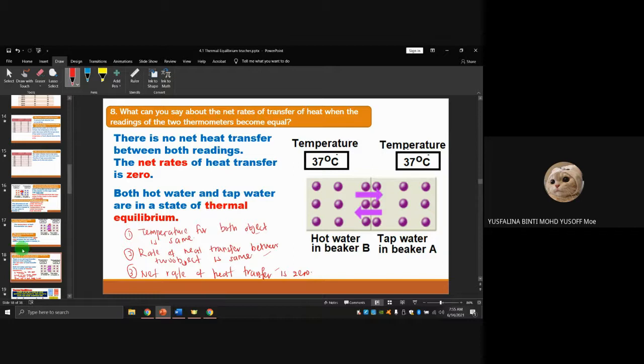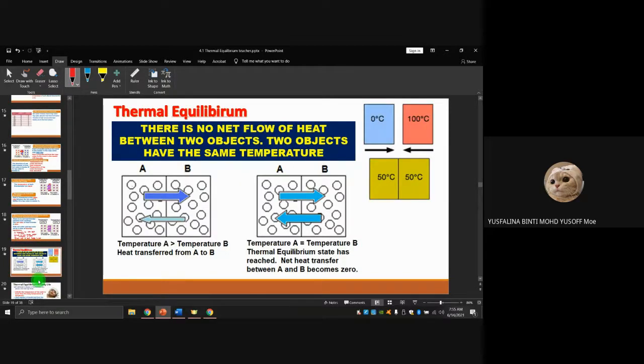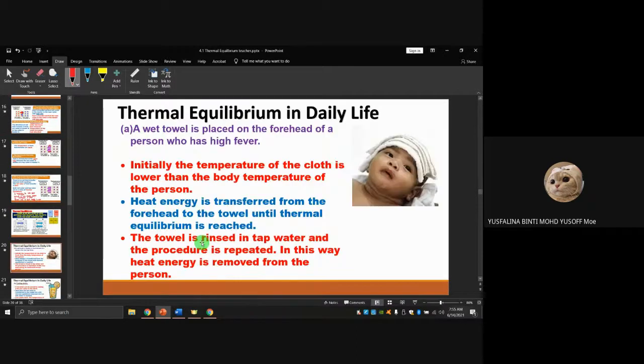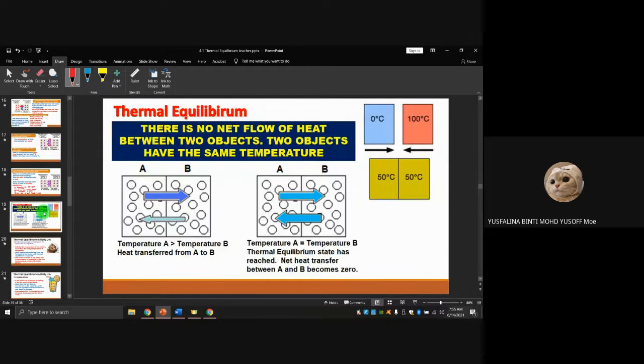So thermal equilibrium means there is no net flow of heat between two objects, so the two objects have the same temperature. I already explained this. Here is an example. Let's say this is the ice, and this is the hot water. You put the hot water into the ice.